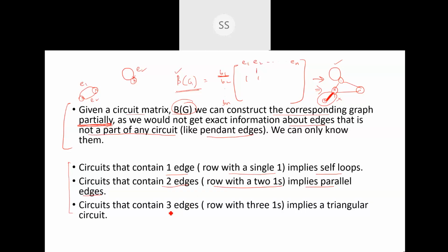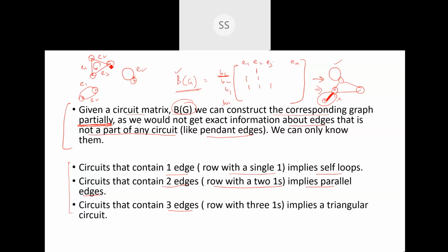Now if it consists of three edges, for example B3, with E1, E2 and E3, you will have a circuit in such a form, with E1, E2 and E3. This is a circuit which consists of the edges E1, E2 and E3.